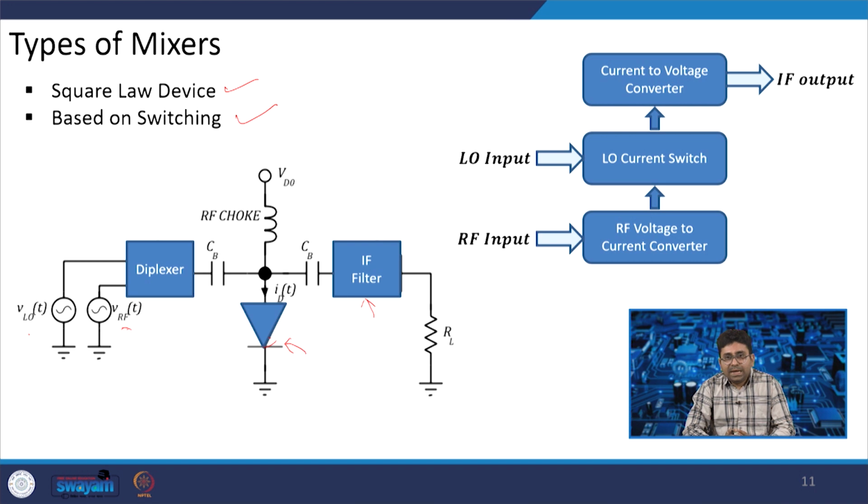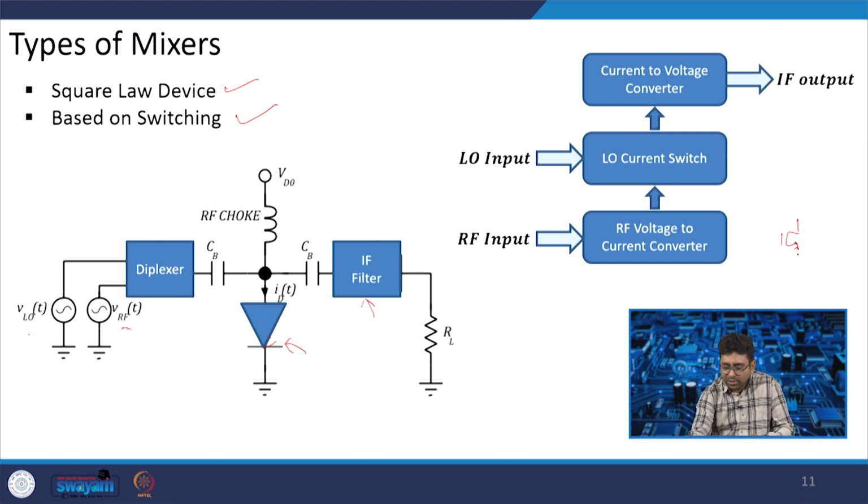There is another way to do the same thing based on switching. You consider the RF input and convert the RF input voltage to current. What is the basic device that will convert the RF input voltage to current? It is obvious, that is a MOSFET.